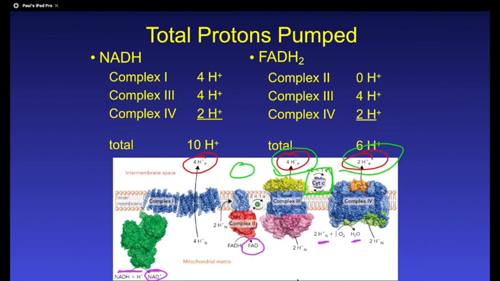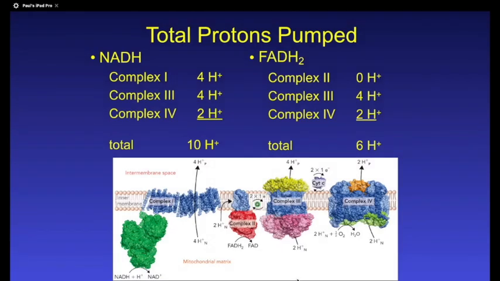Do you remember? Not just 2? It will create 2.5. Okay. How many from FADH2? 1.5.